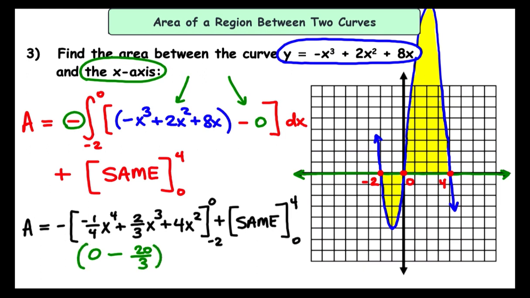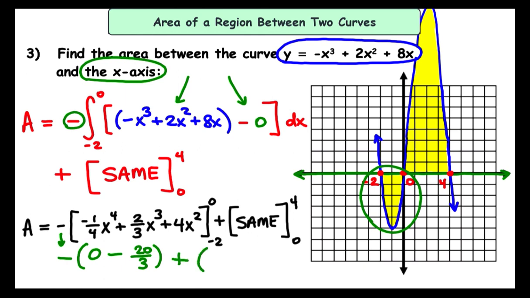And of course, 0 minus 20/3 is -20/3, or -6 2/3. And you know what? That is -6 2/3 blocks. It's negative because it's below the x-axis. Luckily, we put a minus in front to trick it into being positive 20/3, so it wouldn't fight the other region.